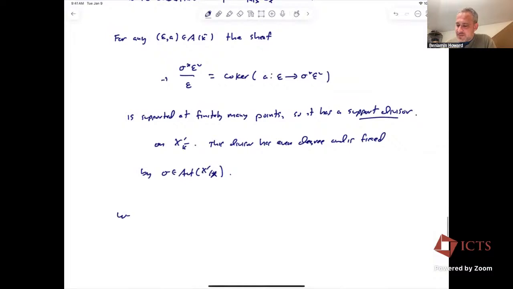So we get a decomposition into open and closed substacks.